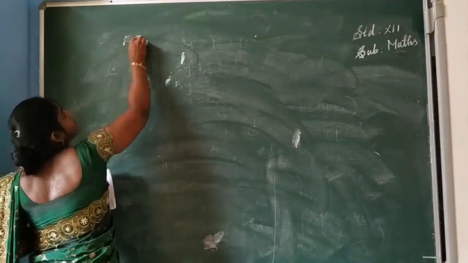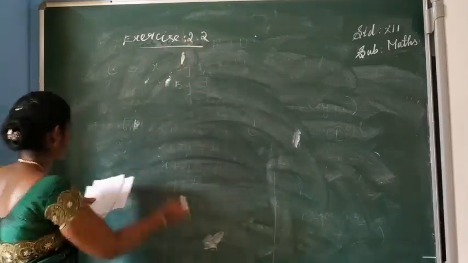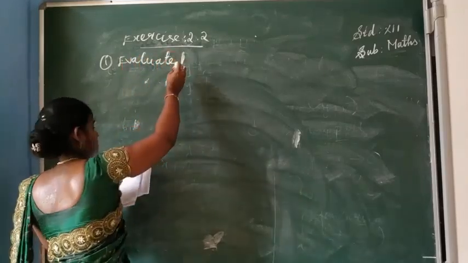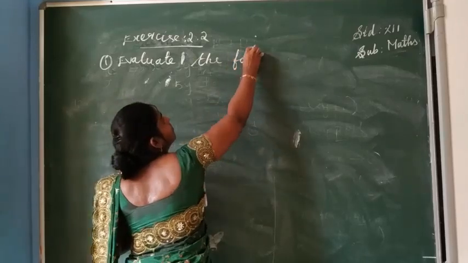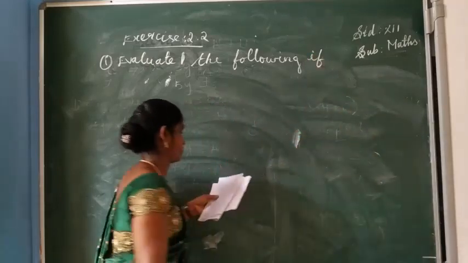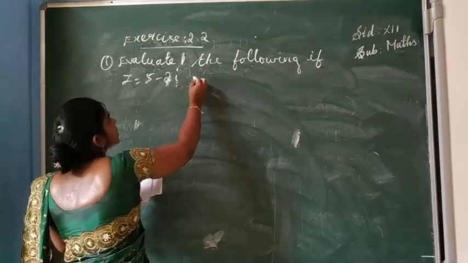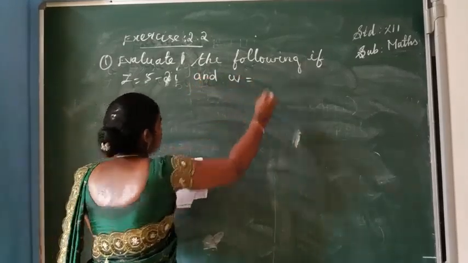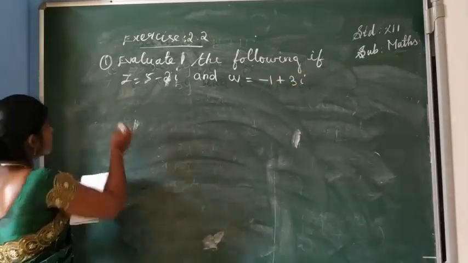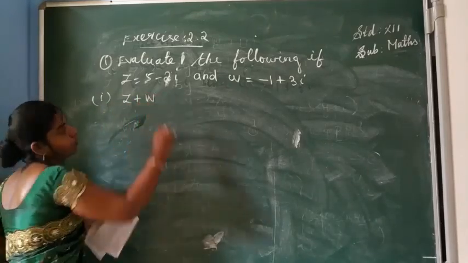So exercise 2.2. So evaluate the following. If z equal to 5 minus 2i and w equal to minus 1 plus 3i. So first subdivision, z plus w.